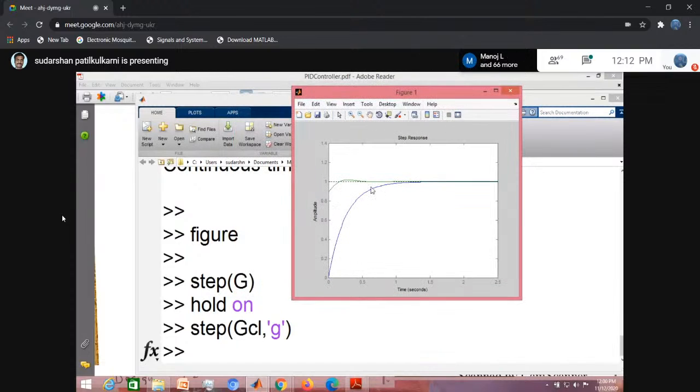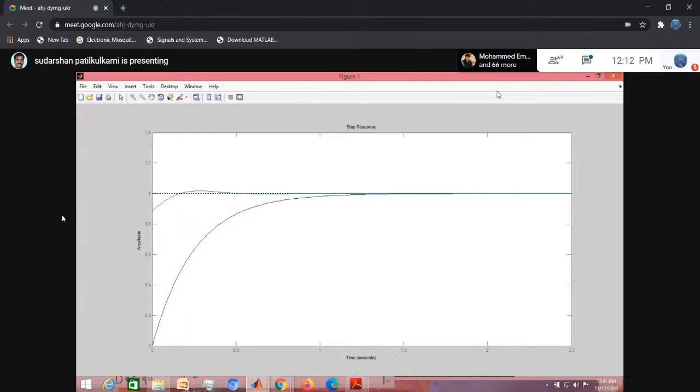There is an improvement in the rise time and also the settling time. The closed loop system response settles to the steady state value earlier than the open loop response. Also the rise time. Any question?